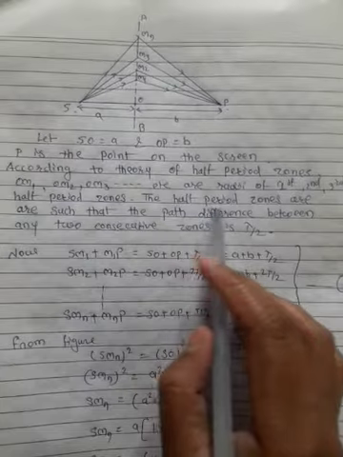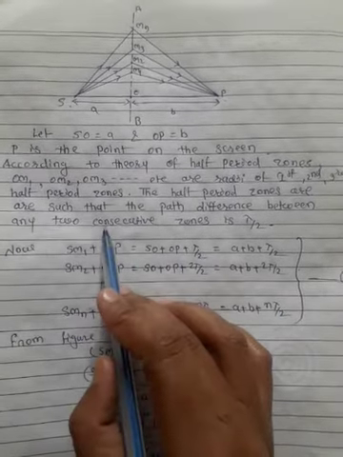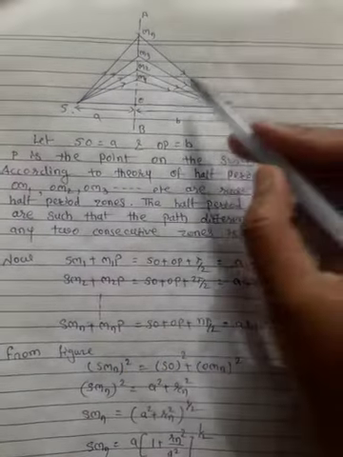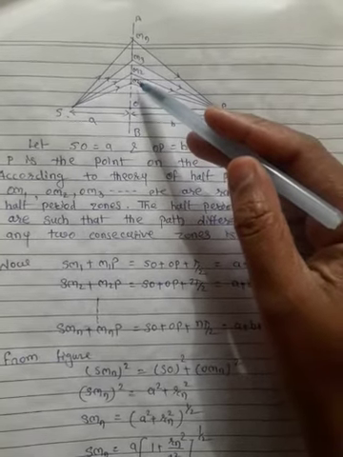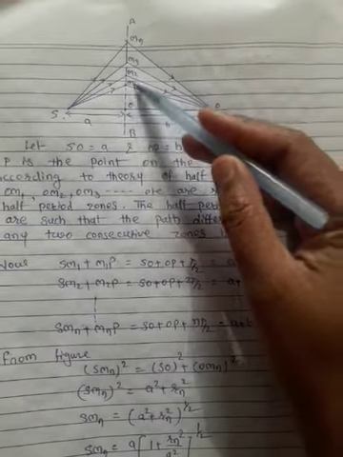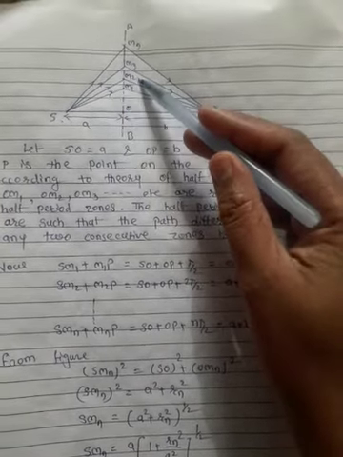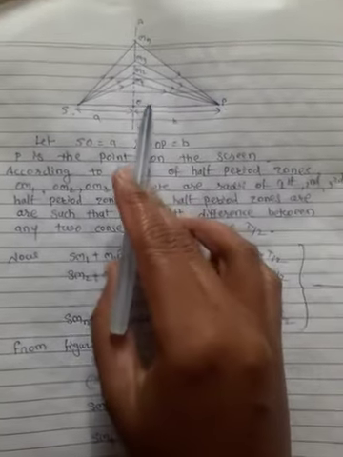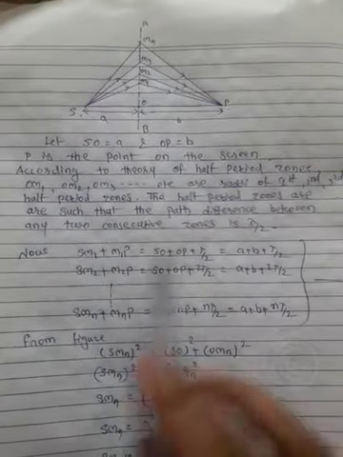The half-period zones are such that the path difference between any two consecutive zones is lambda by 2. As we studied in Fresnel's half-period zone theory, the difference between two half-period zones, that is OM1 and OM2, is lambda by 2.